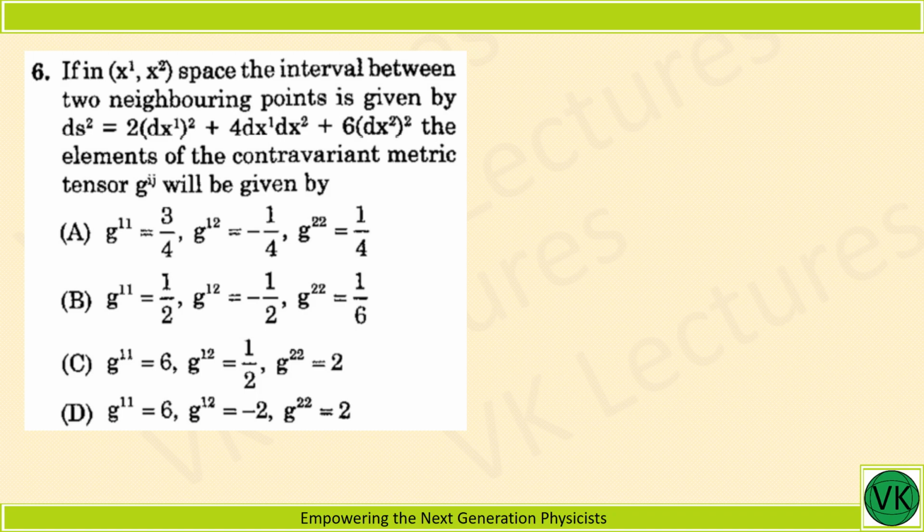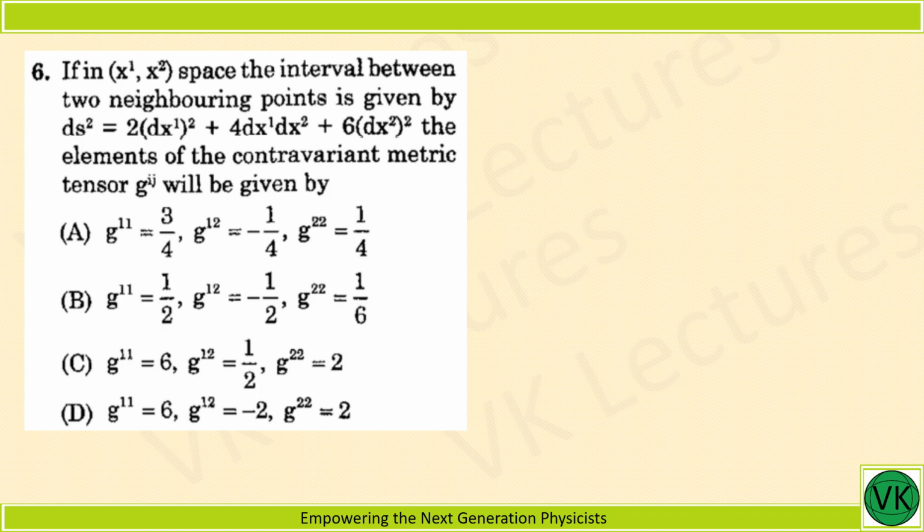Question number 6. If in x1 x2 space the interval between two neighboring points is given by ds² equal to 2 dx1 whole square plus 4 dx1 dx2 plus 6 dx2 squared, the element of the contravariant metric tensor Gij will be given by.